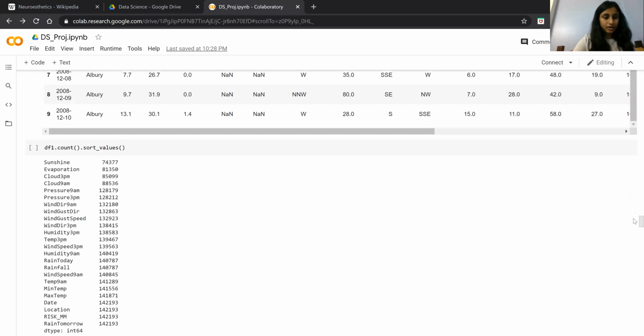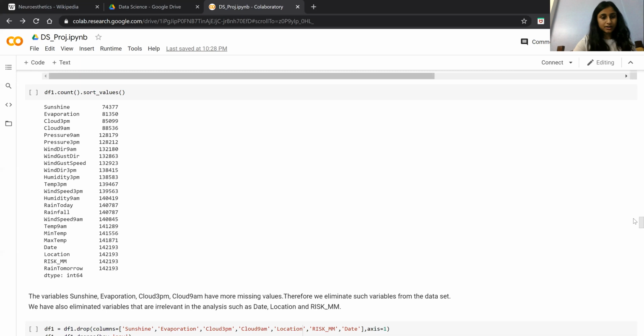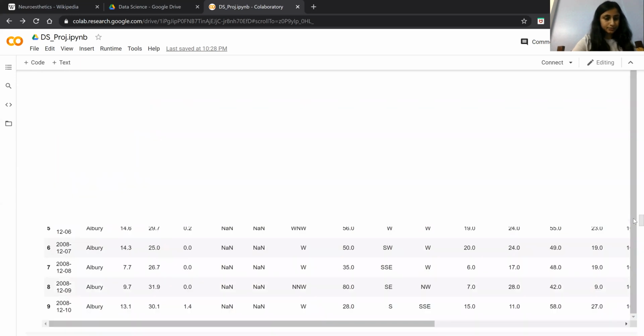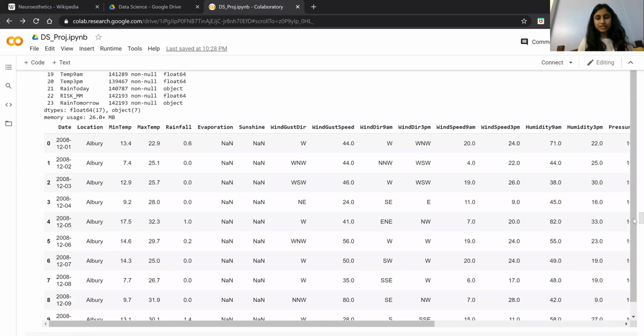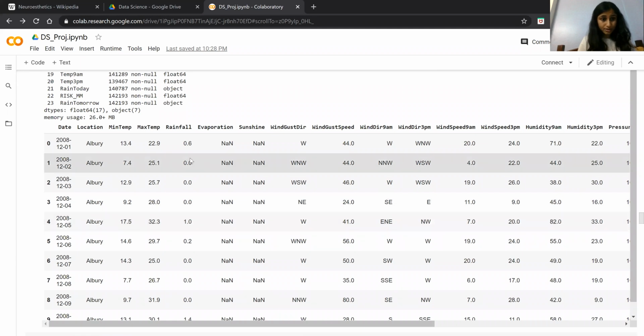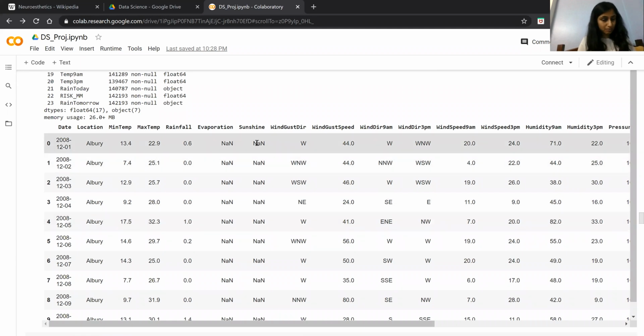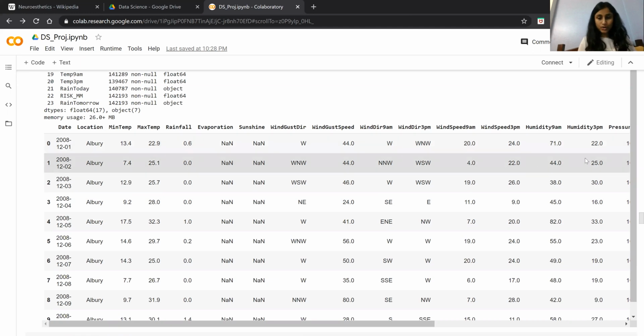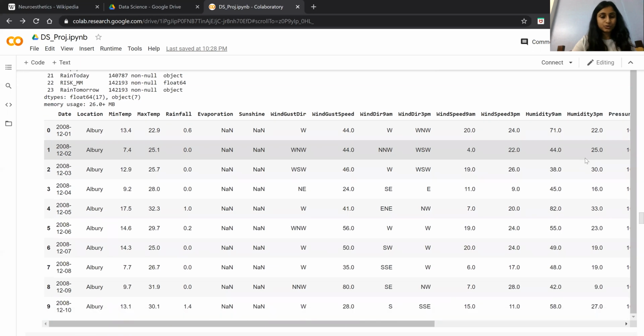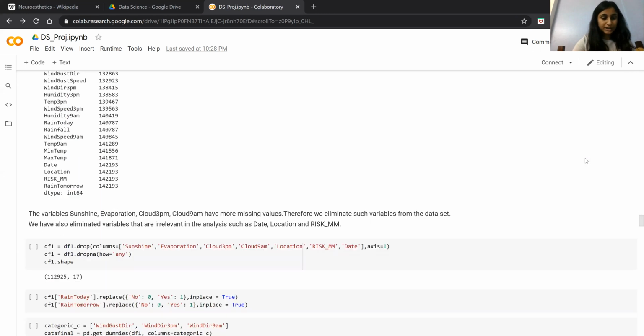We've counted the number of values under each column. As you can see, the columns here are date, location, minimum temperature, maximum temperature, rainfall, wind gust speed, wind direction at 9 a.m., at 3 p.m., and so on and so forth. We are just printing out all the values under each column.